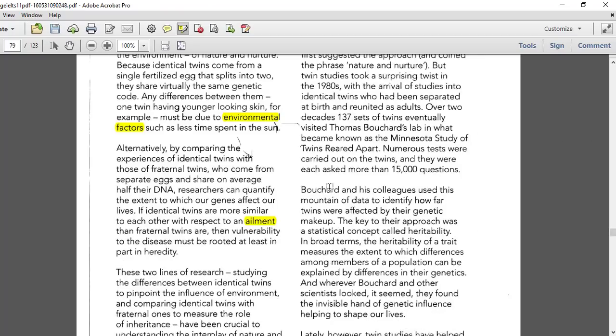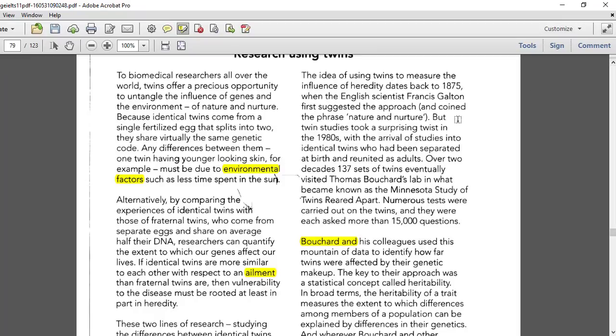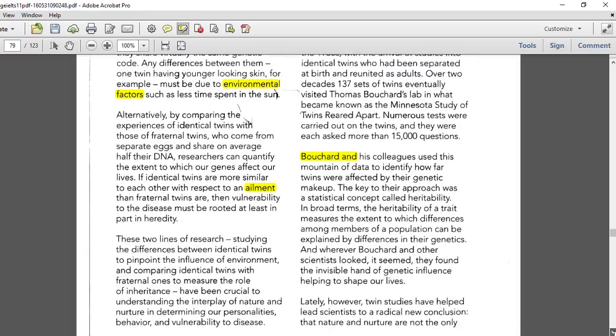Here it is. Thomas Bouchard, yes, here, in what became known as the Minnesota study of twins. Numerous tests were carried out. Bouchard and colleagues used.